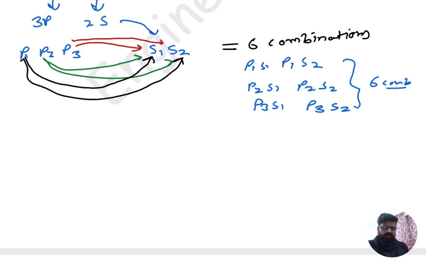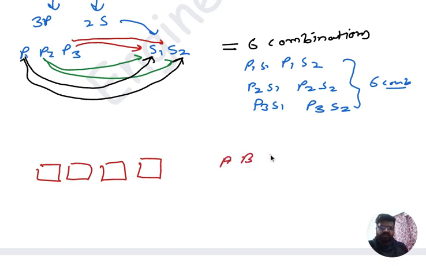Now we come to the next thing. Suppose there are 4 chairs, 1 2 3 4, and there are 4 students A, B, C, D. I have to select the chairs. So in how many ways can we allot the seats to these 4 students?